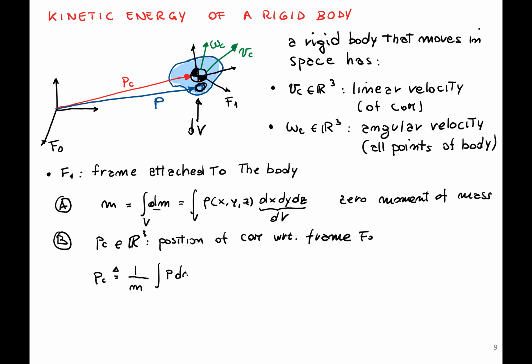So for each small volume we compute the mass, multiply it by the position of that volume, and then we sum up, integrating over all the tiny volumes, and finally we divide by the total mass of the rigid body. This is called the first moment of mass. You see here you have like a moment, right, passing from here to here.